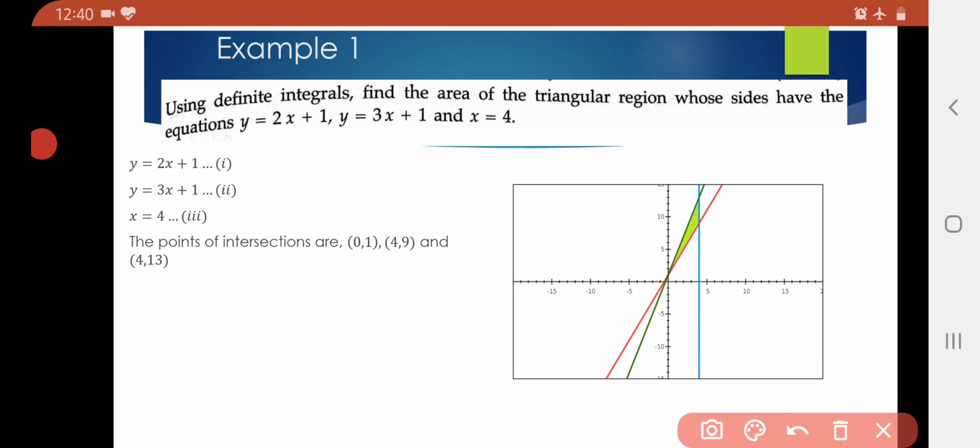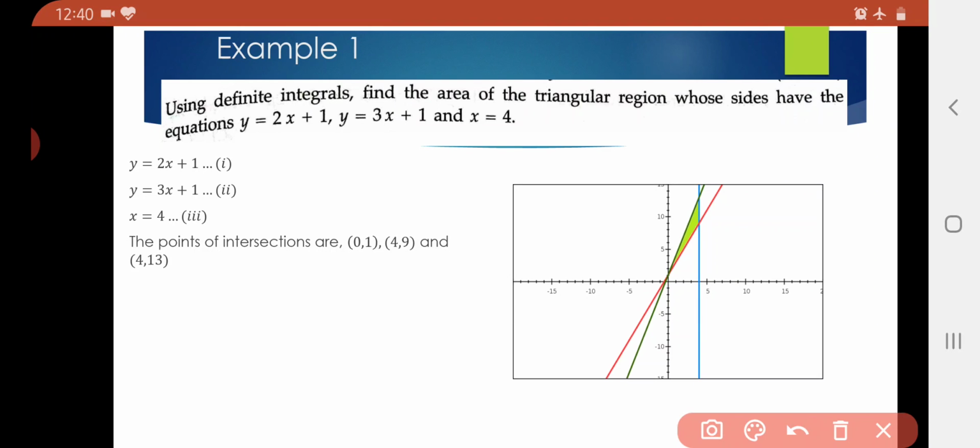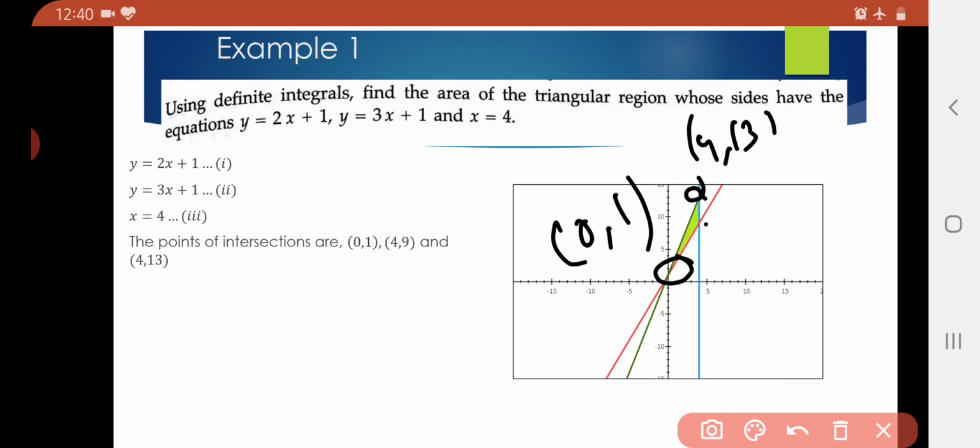So this point is (0, 1), and this point is (4, 13), and this particular point is (4, 9).